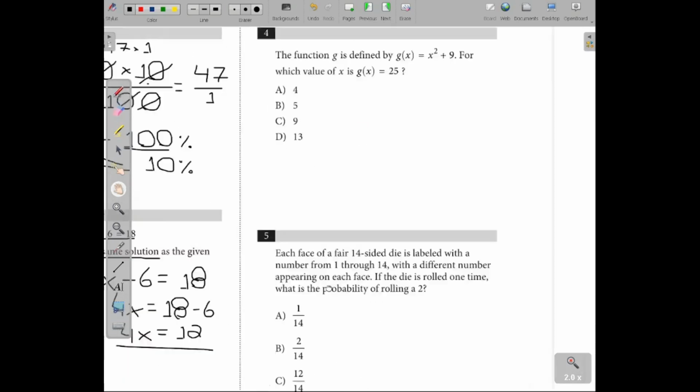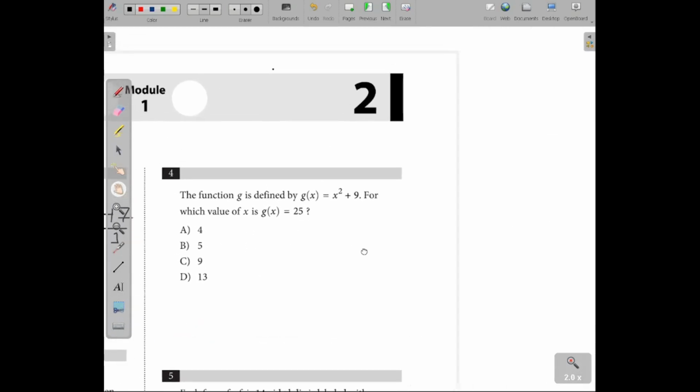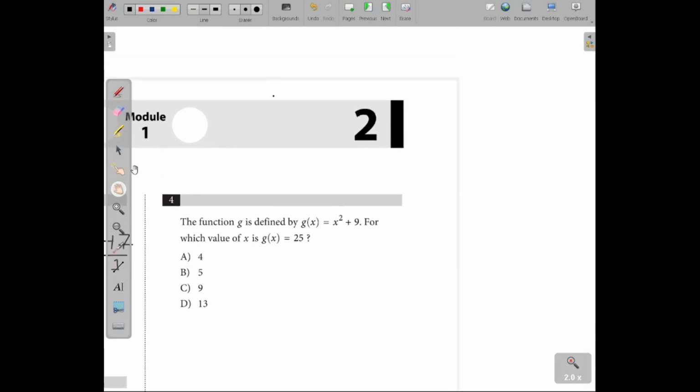Now for number 4. The function g is defined by this function. For which value of x is the function equal to 25?